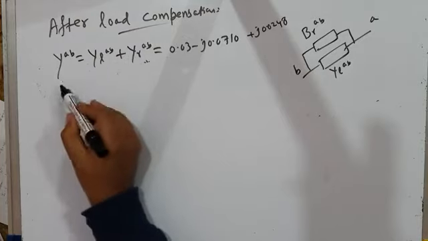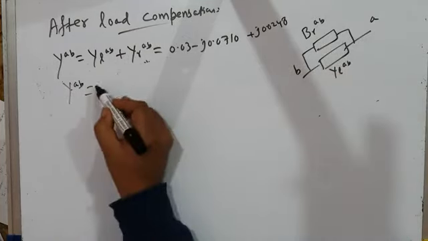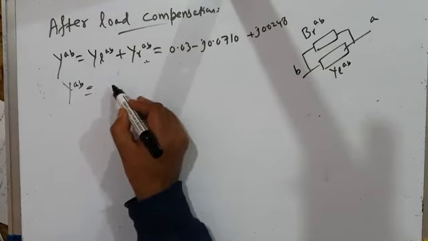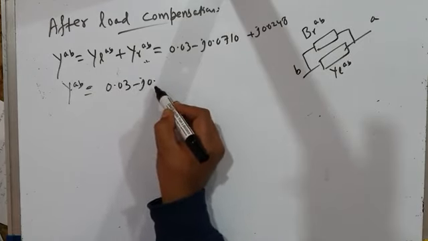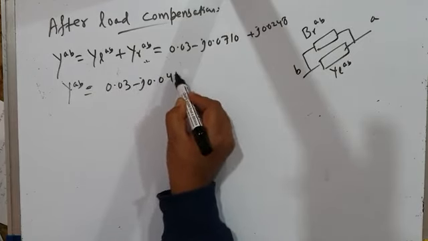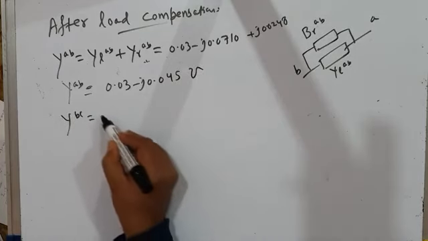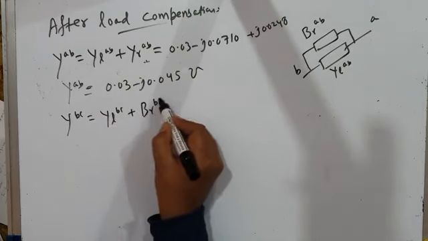So add them. This will give you the total admittance of this branch. Therefore the total admittance of the branch comes out to be 0.03 minus J 0.045 mho. Similarly, you can find the admittance of branch BC, which is YLBC plus B gamma BC.